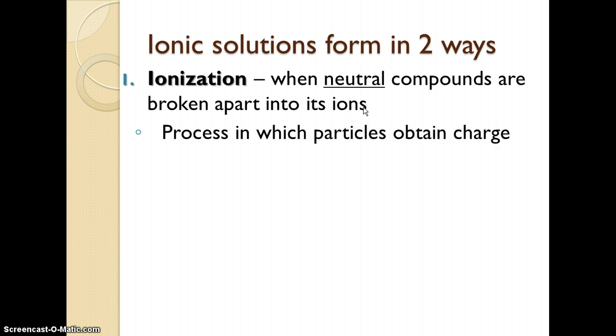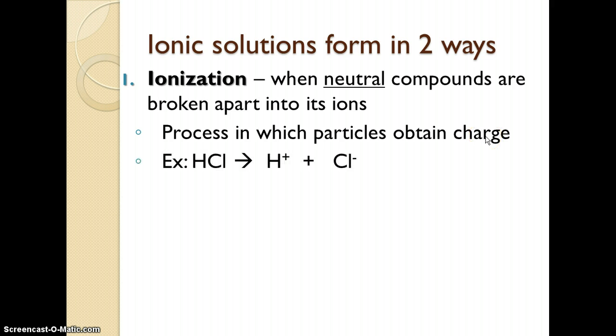So essentially what we're doing is we are making particles that have charges. It's a process in which particles obtain a charge. So before, when they're bound together with their compound, they're neutral. When we ionize and break them apart, we're going to give them their charge back.